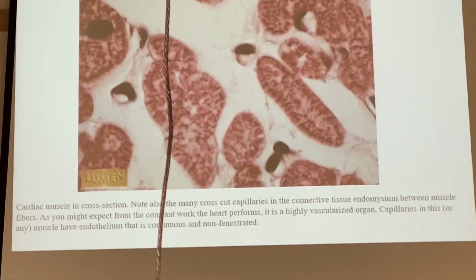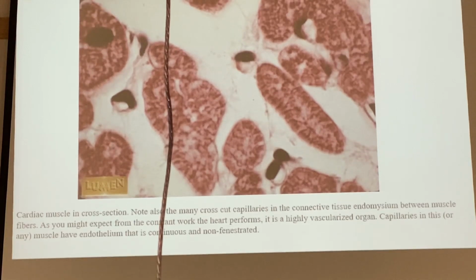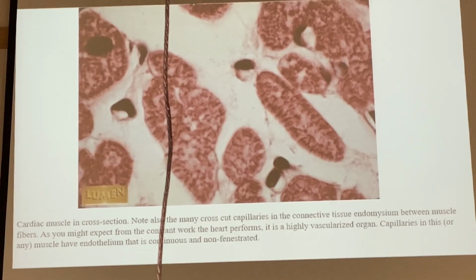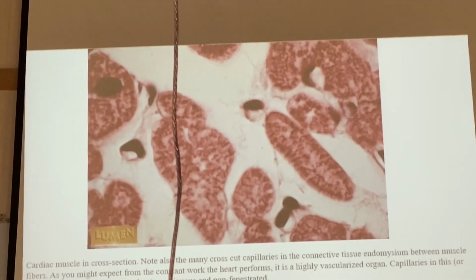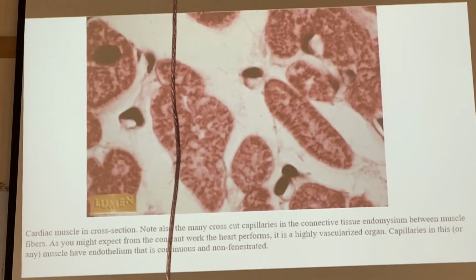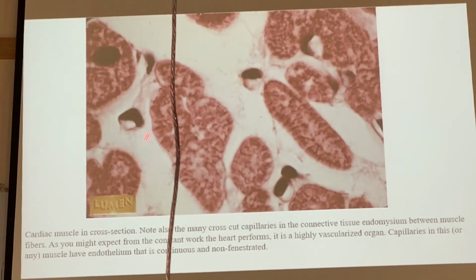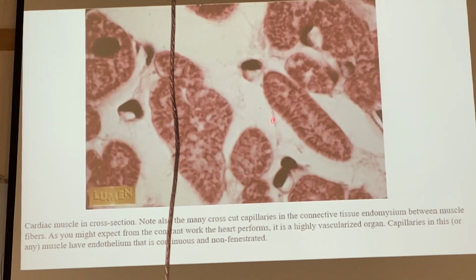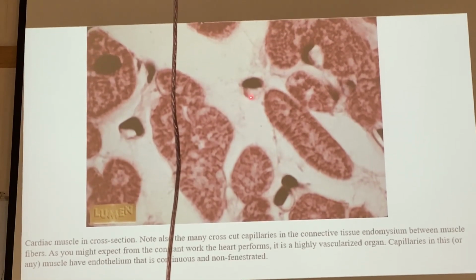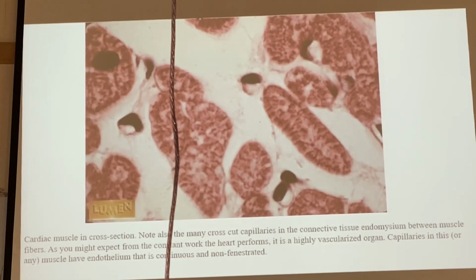Now, in a cross-section of the cardiac muscle, like this section, the lighter areas are connective tissue, and in the connective tissue, look, these are capillaries.